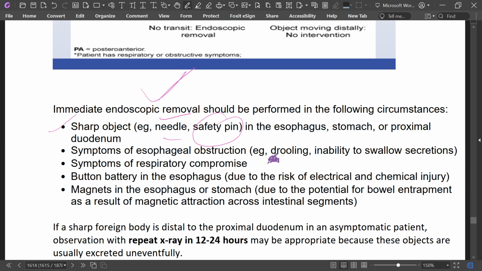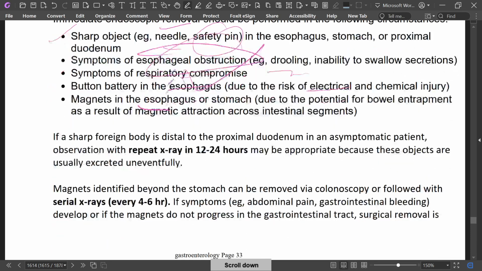Also if there are symptoms of esophageal obstruction like drooling or inability to swallow secretions, or respiratory compromise, or if there is a button battery in the esophagus, due to risk of electrical or chemical injury, or a magnet in the esophagus. Magnet, button battery, needles and safety pins, esophageal obstruction, respiratory compromise: immediate endoscopy should be done.